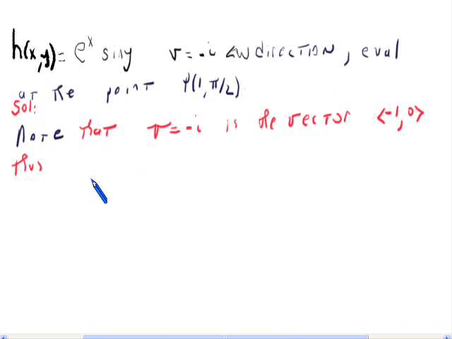Therefore, if I take the norm of this, it is of norm 1, or magnitude 1, if you will. How do I see that? Well, let me take the norm of the vector.